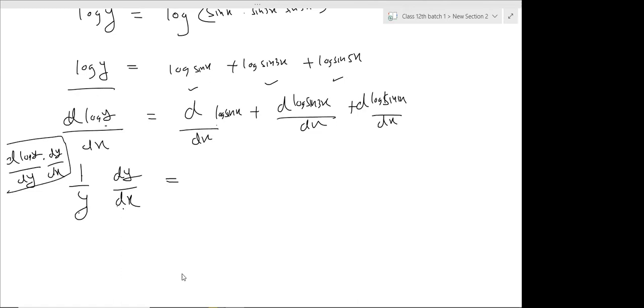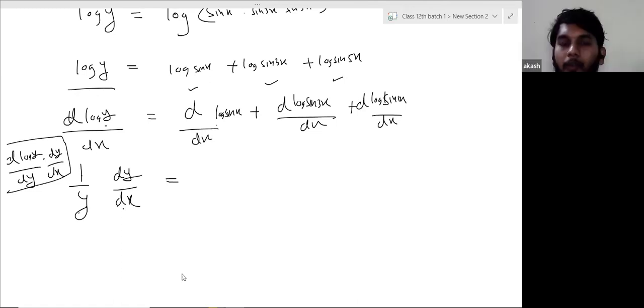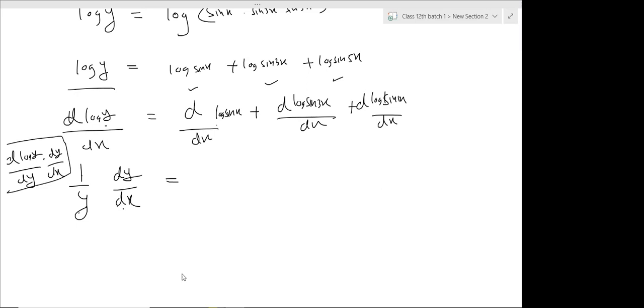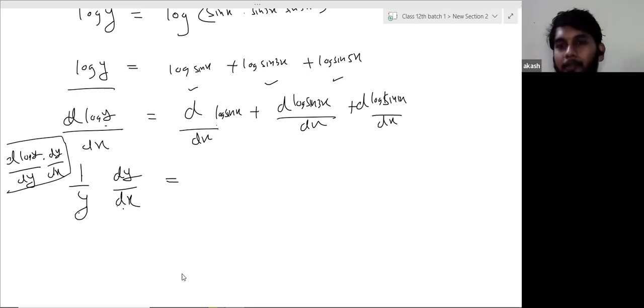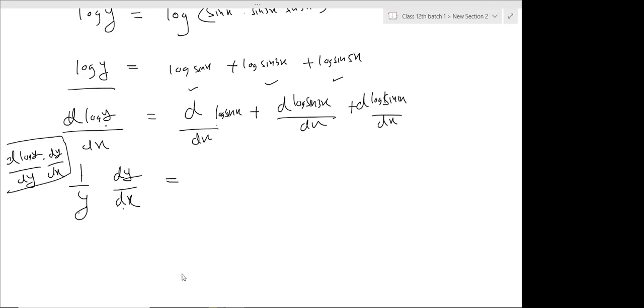So what will be the answer of log of sine x differentiation? 1 by cos x? No. Think again. So 1 by sin x into cos x. Absolutely right.